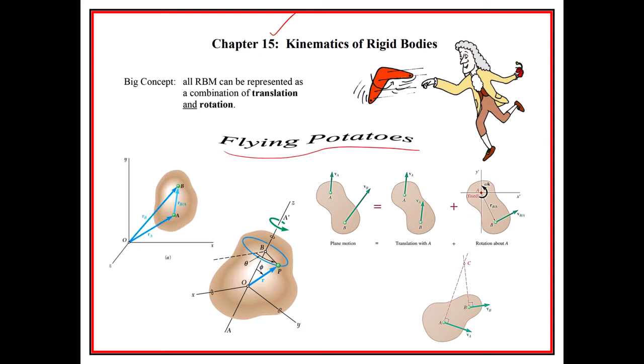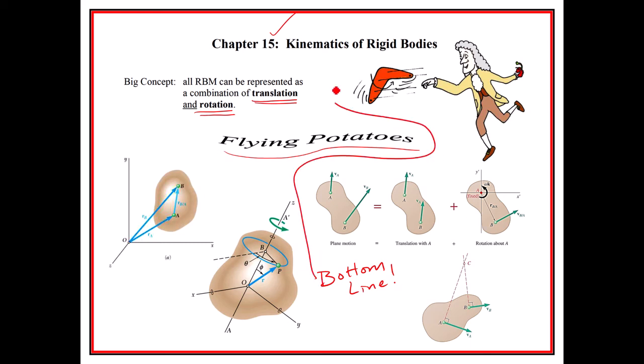The really important thing, the bottom line, is that all rigid body motion can be expressed as a combination of translation and rotation. So I should have written that up here. Right there. Make that the thing you should jump to.